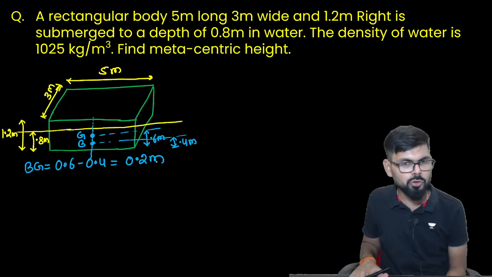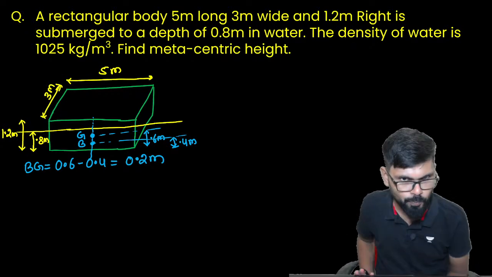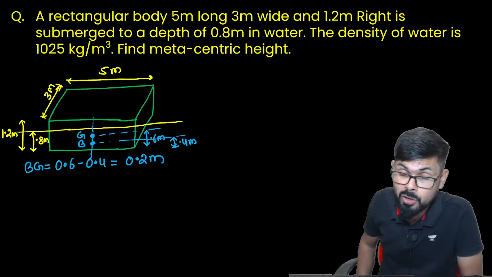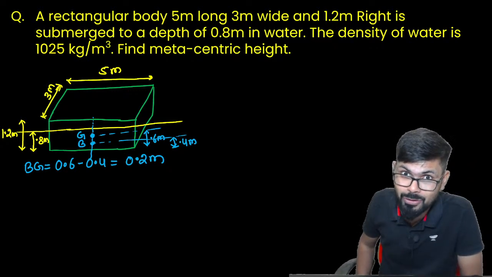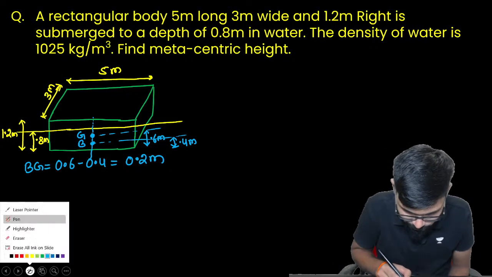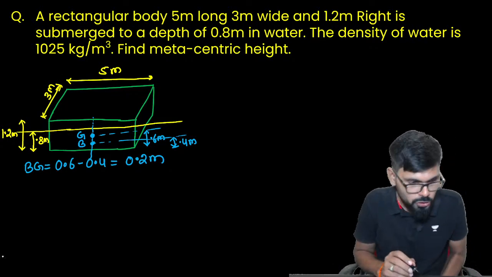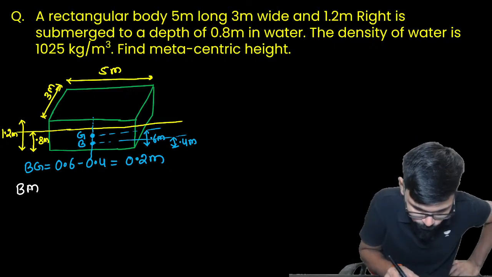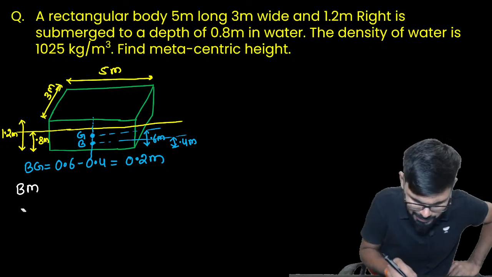Now you have to calculate the BM value. BM is equal to I by V, where V is the volume of the fluid displaced. First should I calculate the I value?